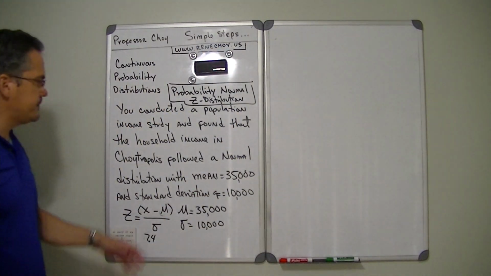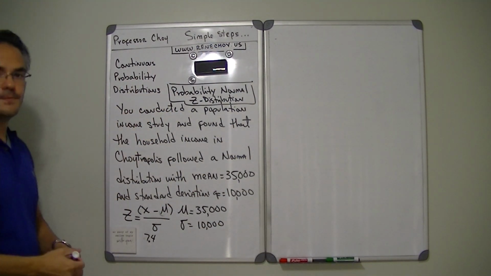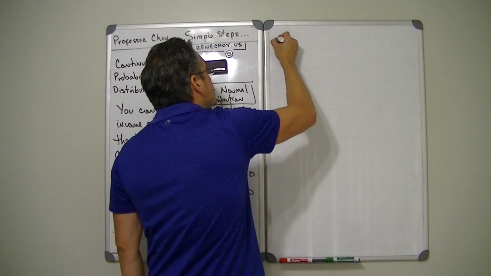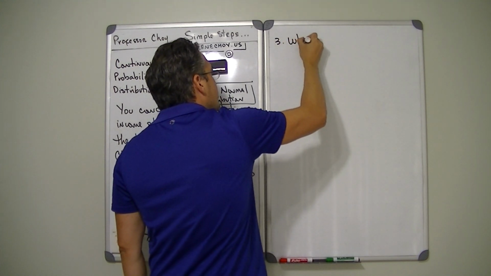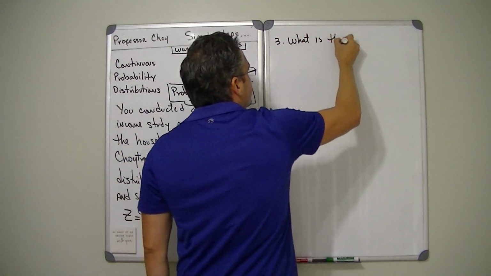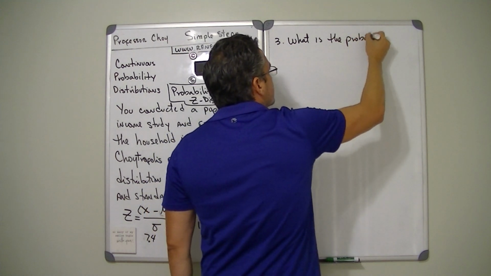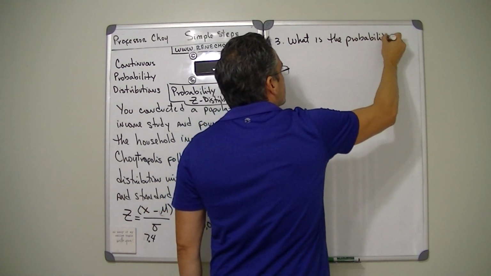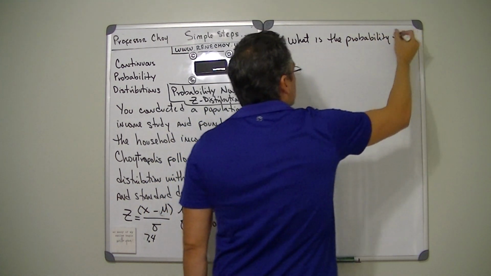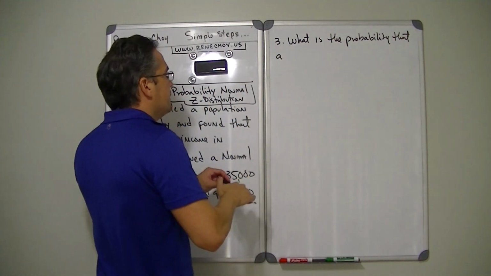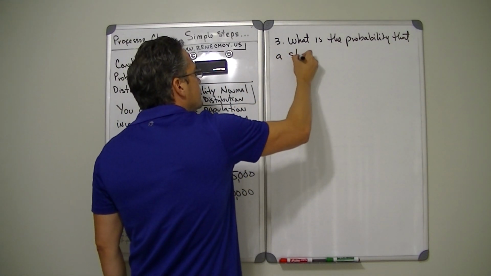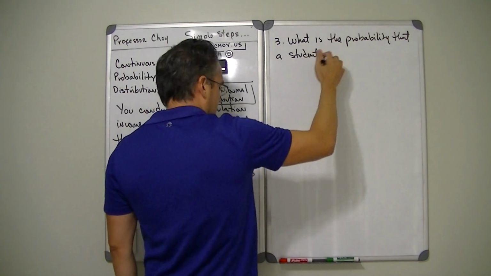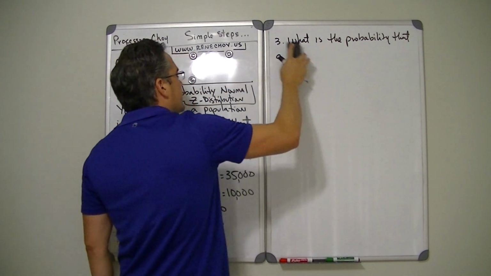So same data, different question. What is the probability that a student, oh, not a student, we got citizens.